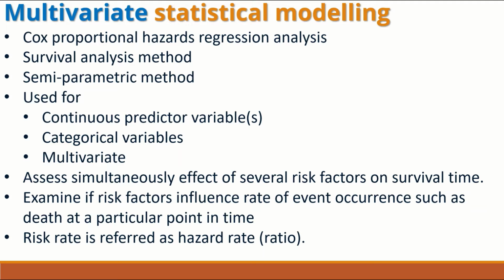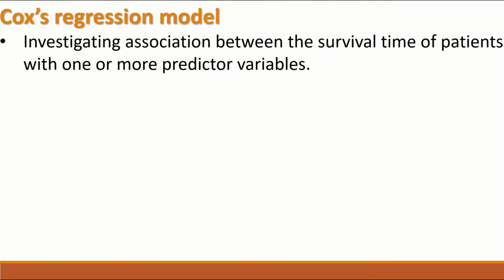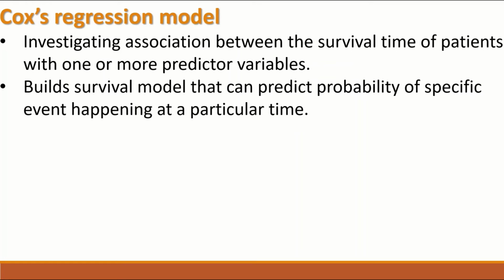So the risk rate is referred to as hazard rate or ratio. The analysis of Cox regression will investigate the association between the survival time of individuals, patients or persons, and one or more predictor variables.